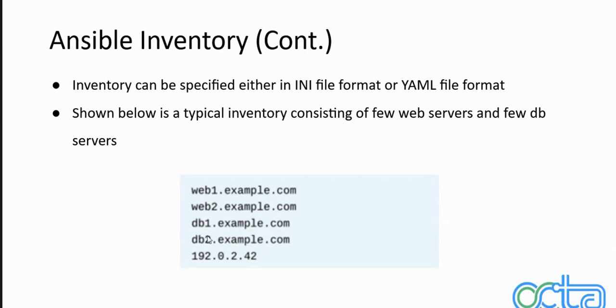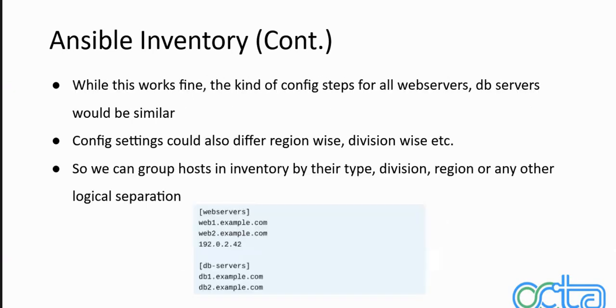Assume this is a network device. On this network device, there's a third set of administration tasks or configuration changes that you want to make. So it makes sense to split your inventory into groups.